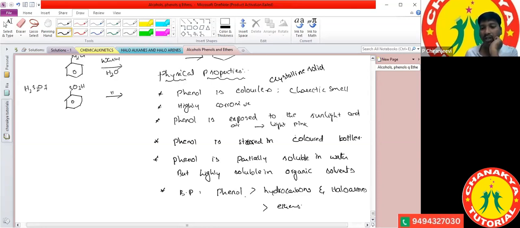So phenols have a high boiling point compared with hydrocarbons, haloarenes and ethers which have similar molecular masses. So this is about the physical properties of phenol. Tomorrow we'll start the chemical properties of phenol.